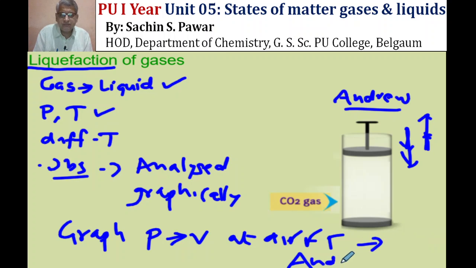These graphs are known as Andrews curves, and the Andrews curves for carbon dioxide gas at different temperatures you can see on your screen.